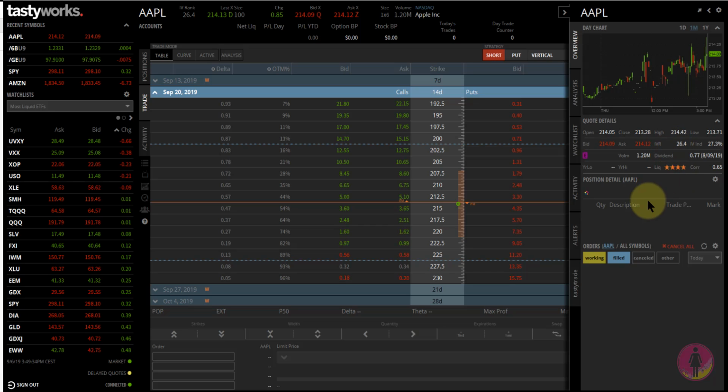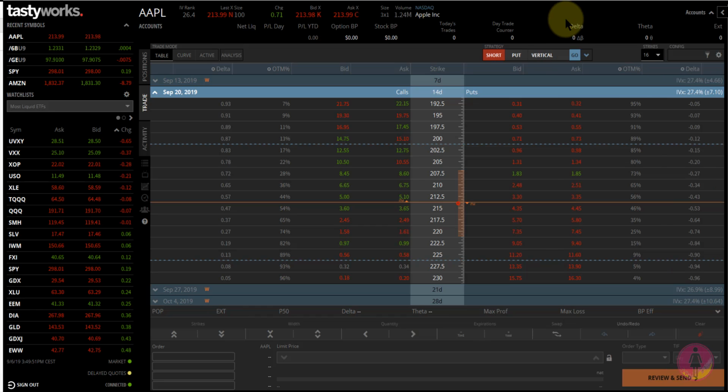If I go to liquidity, then you can see 4 stars. Can you see that? 4 stars. That means that Apple is a very liquid stock. The fewer stars it's got, the less liquid the stock is, the less demand and supply there is. The higher the liquidity, the more expensive an option is.